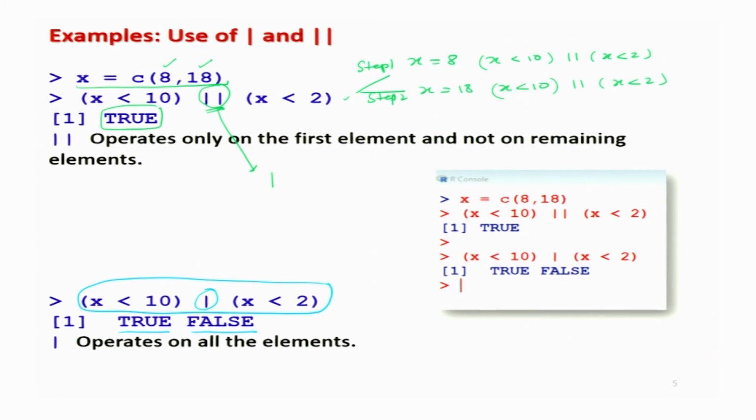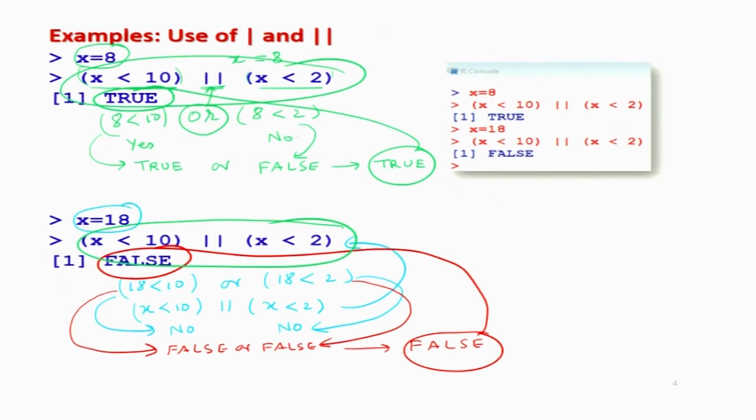Now, what is happening? If you look at the earlier slide, this is example 1 and this is example 2. Example 1 considers x equal to 8 and example 2 considers x equal to 18, and in example 1 the answer is true and in example 2 the answer is false.